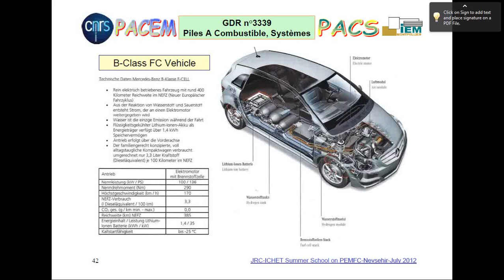For cold start, because you have to heat a little bit to have good response, good efficiency. You also need it for braking, to recover energy. If you brake, you can recover energy with the battery. So you must always have a storage capacity.